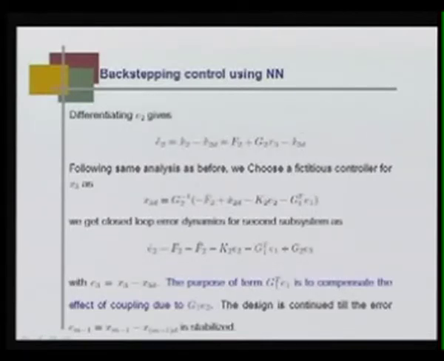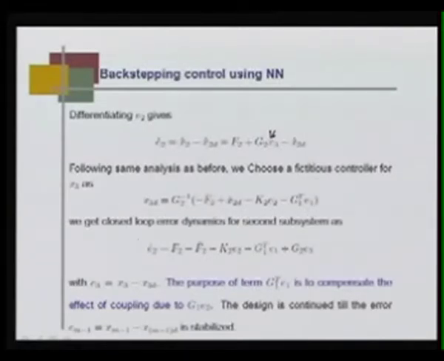And following the same analysis as before, we choose a fictitious control for x3, this one, in such a way where x3d is g2 inverse times minus f2 hat, x2d dot, minus k2 e2, minus g1 transpose e1.